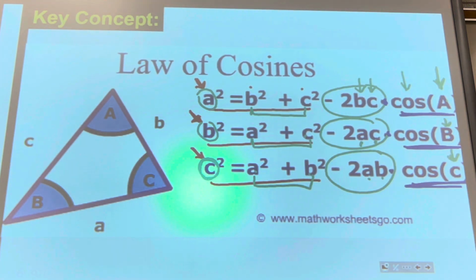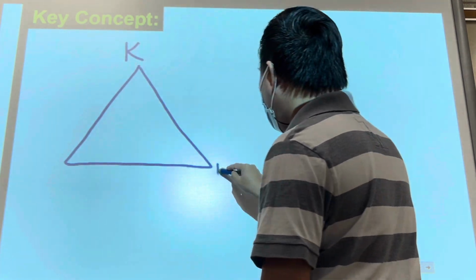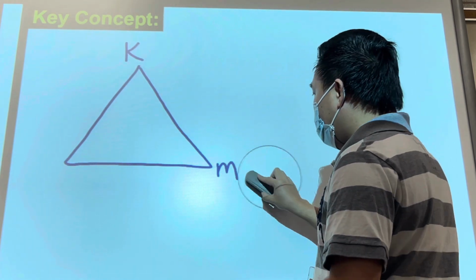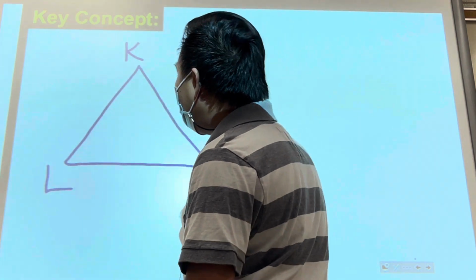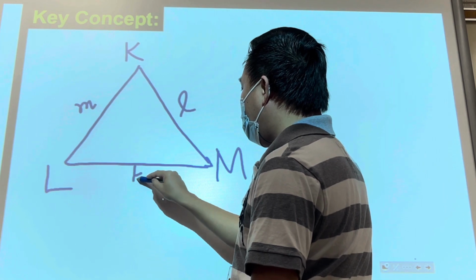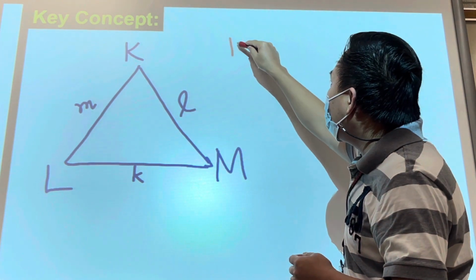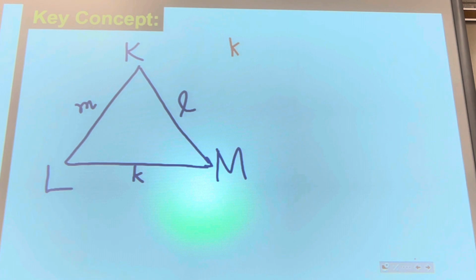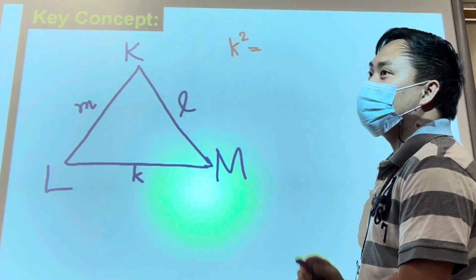Let's have first an example on formulating the equation. We are going to use other letters like K, M, L. Capital. Yeah, it should be capital M, right? So this is M, L, and K. Okay, let's make the equations here. Let's say I'm looking for K. So when you make the equation, you always have K squared equals.